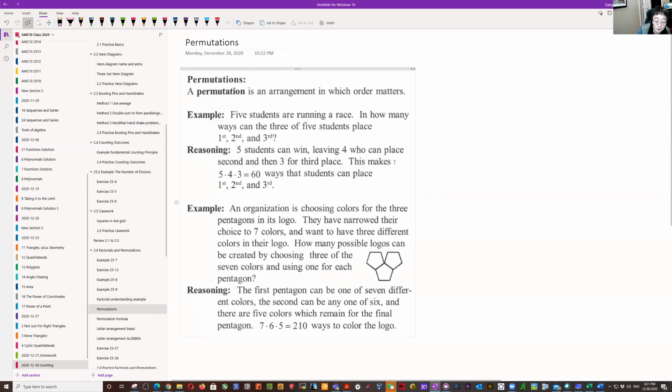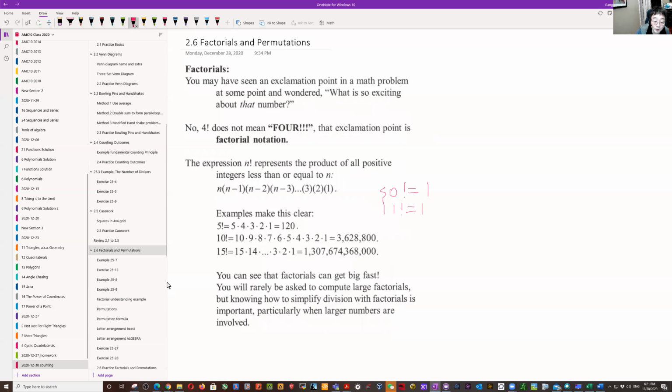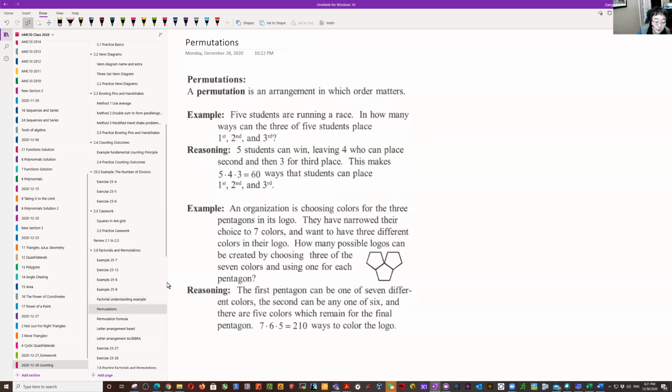Permutation is just trying to find the number of arrangements in an ordered manner. So permutation is highly related to factorial. Factorial multiplies all the way down to 1. A complete permutation is exactly equal to factorial.